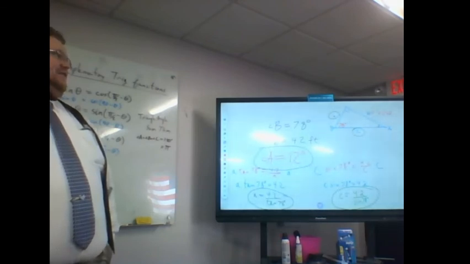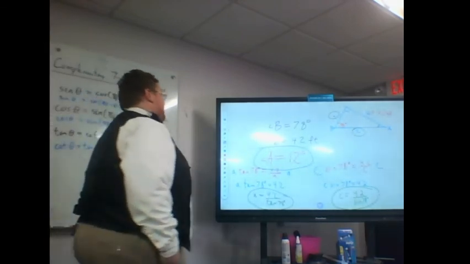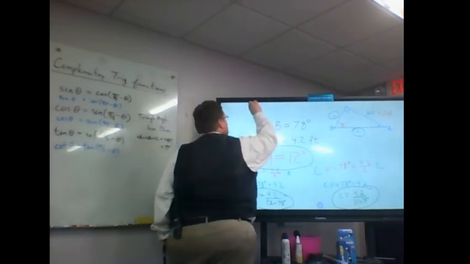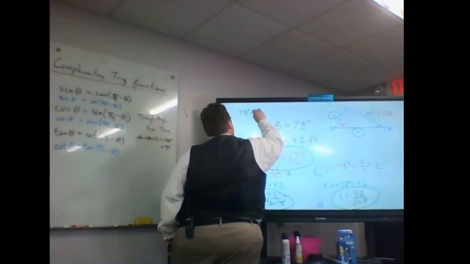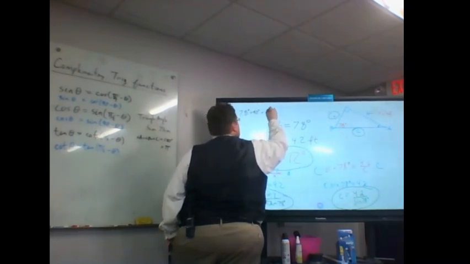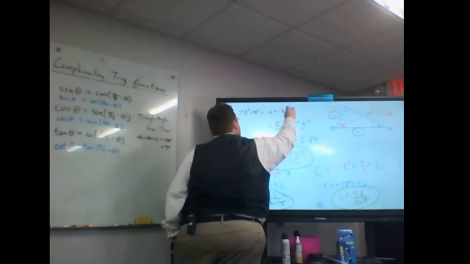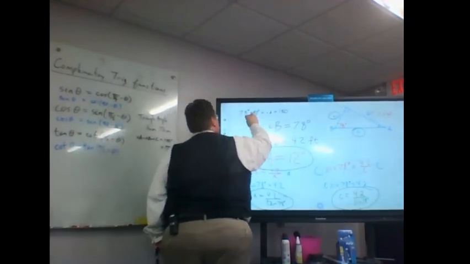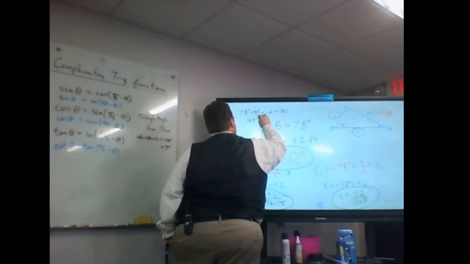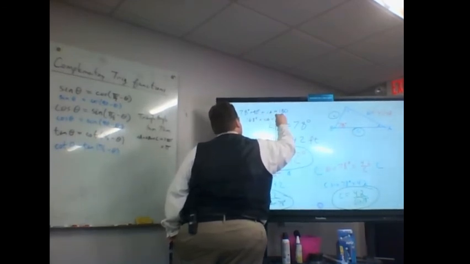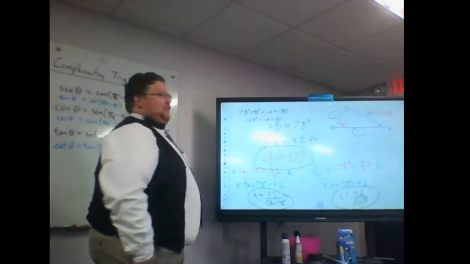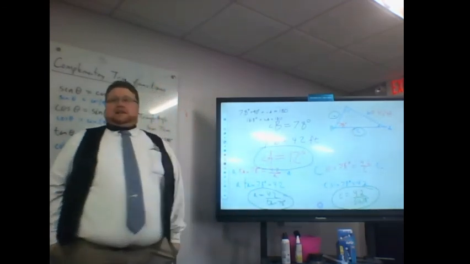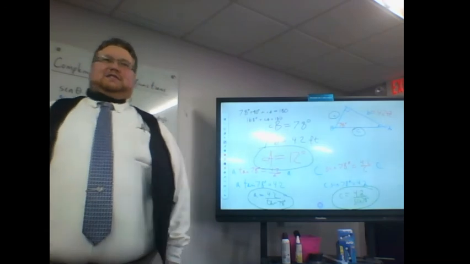I would do 78 degrees plus 90 degrees plus angle A equals 180. 78 plus 90 is 168 degrees plus angle A equals 180. Yes, it should be 12. But always call that out if you think I'm wrong. I hate being wrong, so I'd rather check it.